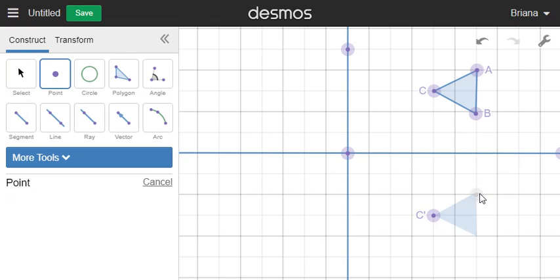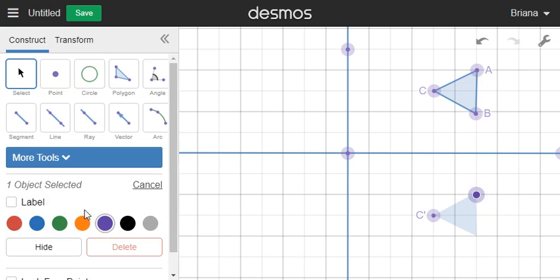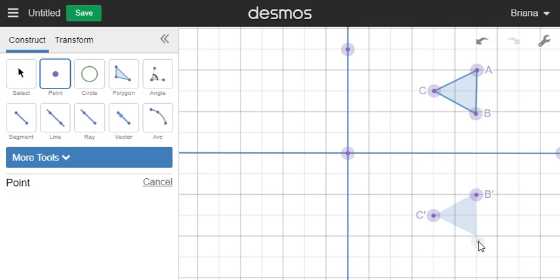This point, B prime. And this one, way down here, because it's the furthest away from that line, is A prime.